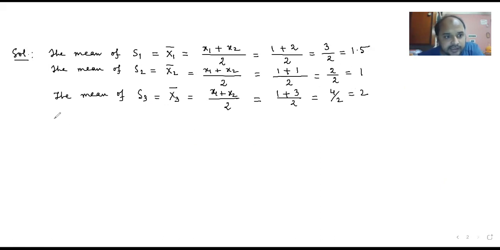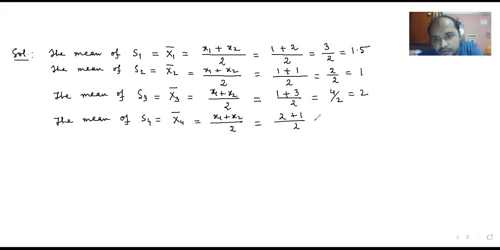The last one is the mean of S4, which we denote by X4 bar, that is (x1 plus x2) by 2. The values are 2 and 1, so 2 plus 1 by 2, which is 3 by 2, 1.5. Okay, so we have calculated 4 values: X1 bar, X2 bar, X3 bar, X4 bar.